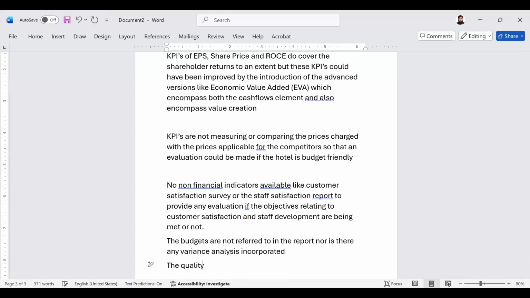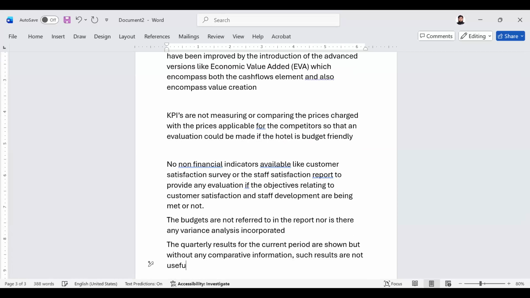The quarterly results for the current period are shown, but without any comparative information. Such results are not useful.